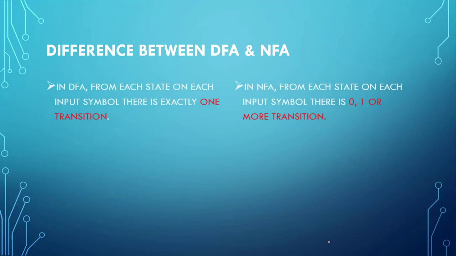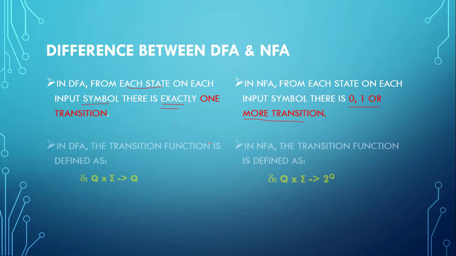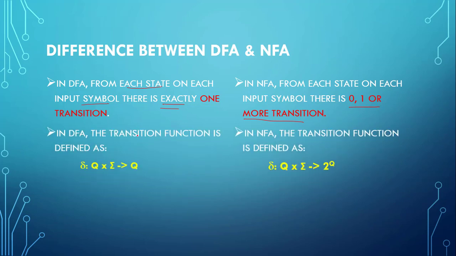Let us see the difference between NFA and DFA, where from the definition itself we had seen one point where the definition said in DFA from each state on each input symbol there is exactly one transition, whereas in NFA from each state on each input symbol there is 0, 1 or more transitions. Next point, the definition of our transition function.